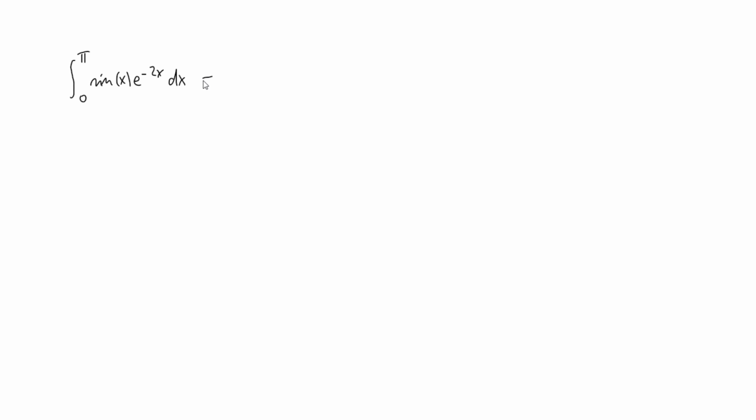So integration by parts, so we need one function to derive and one function to anti-derive, and we chose sine of x to derive and e to the minus 2 times x to anti-derive.